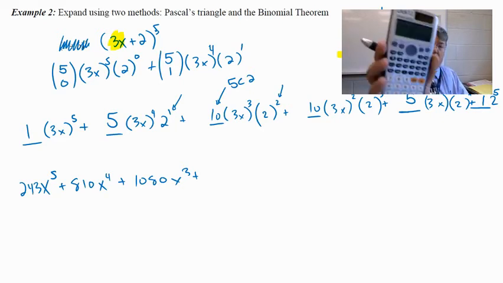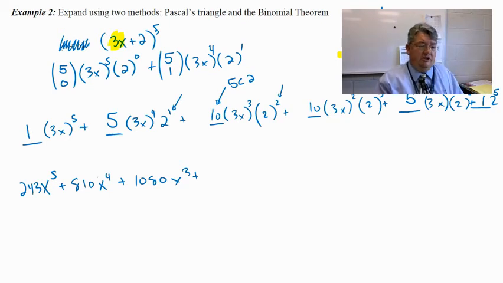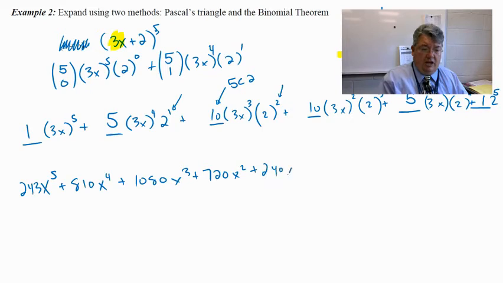Got it. 720. Okay, so plus 720 x squared plus 5 times 3 times 2 to the power of 4 gives me 240 x. I just went 5, 3, 2, 4. Plus, this isn't a 12, it's 1. 1 times 2 to the fifth, or just 2 to the fifth, gives me 32.